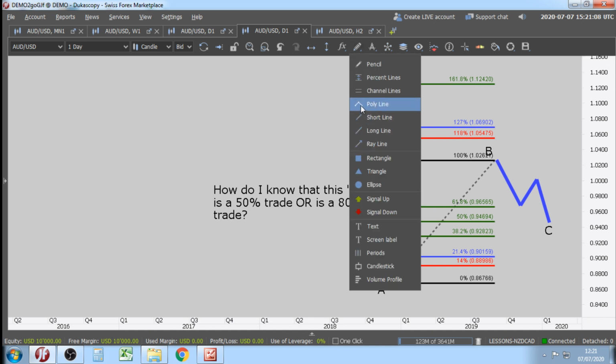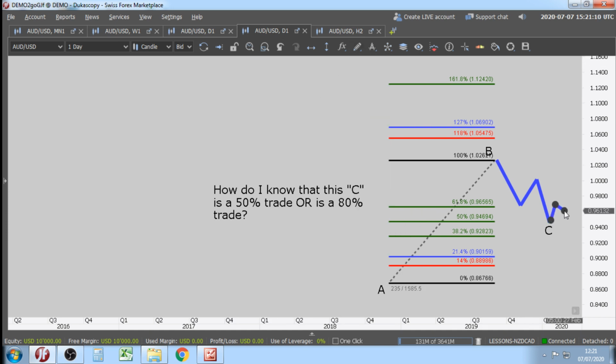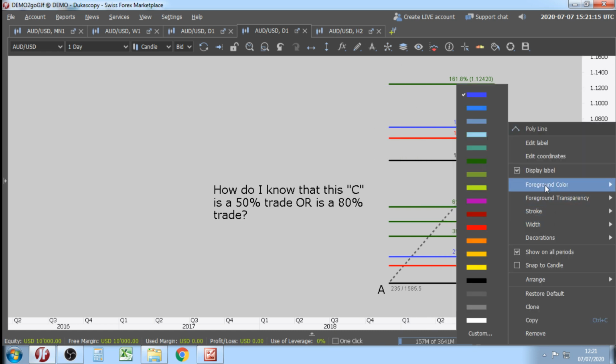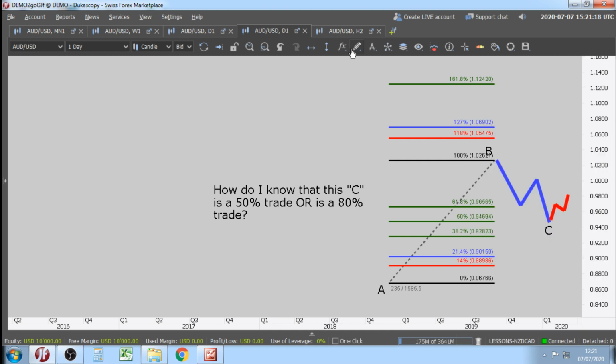So we are here, and let's say we are seeing the market making higher highs, higher lows, right? And we want to enter the trade here, but how do I know that this capital A, capital B, capital C is a 50% trade according to the Fibonacci, or this entry is an 80% trade?